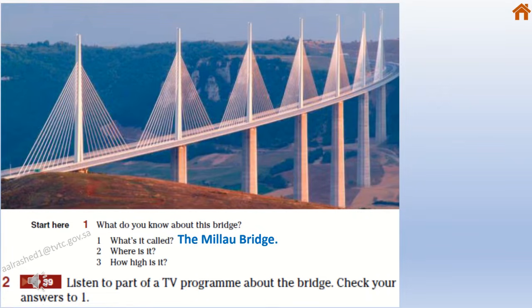So the bridge name is the Millau Bridge. The location, where is this bridge? It is in the south of France. We have west, south, north, east.